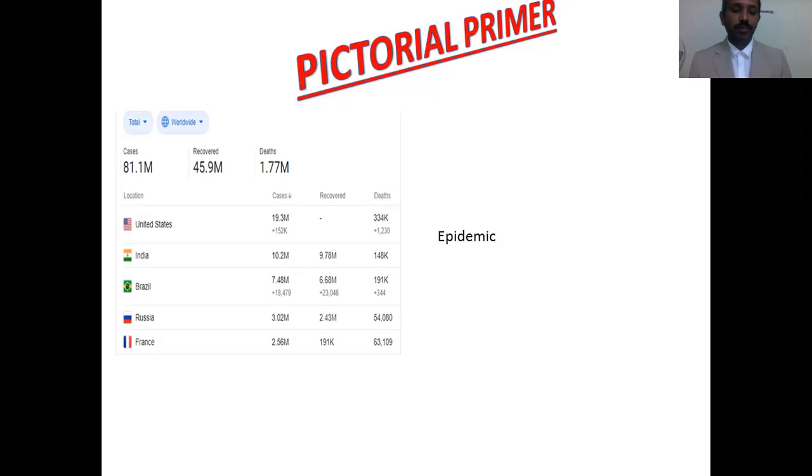The next position goes to India, where 10.2 million people were affected with the corona, and the data shows deaths of 1.48, that's 1.5 lakh people. The next places go to Brazil, Russia, and France. So the table shows that the United States is suffering a lot with the corona, case-wise as well as death-wise.